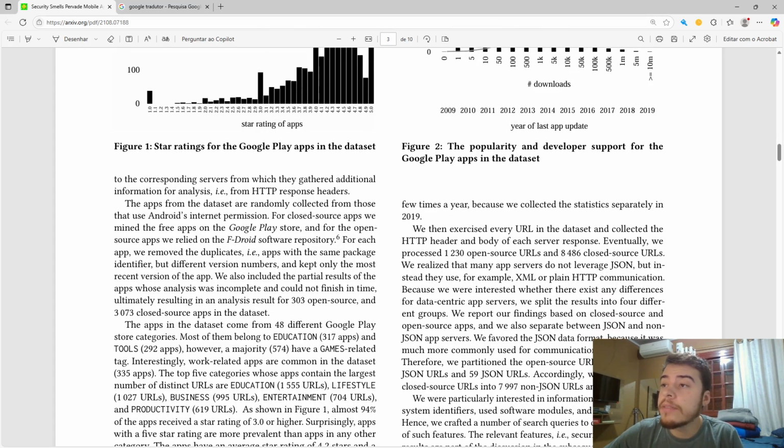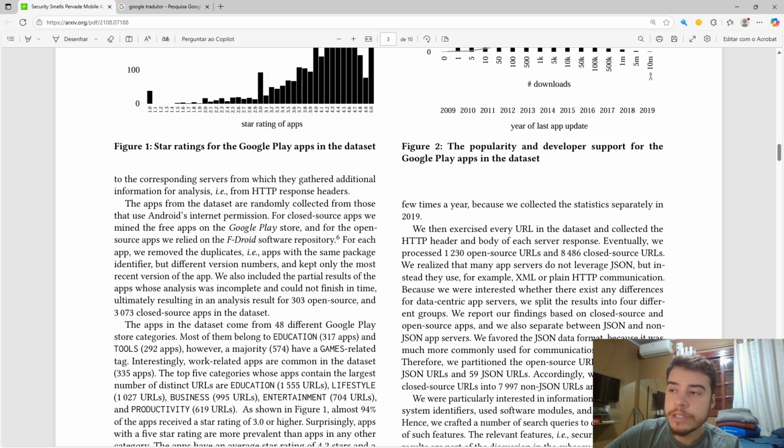Here we have more descriptions about this dataset, and we can see that 317 apps were from the education category, and 292 were from the tools category.